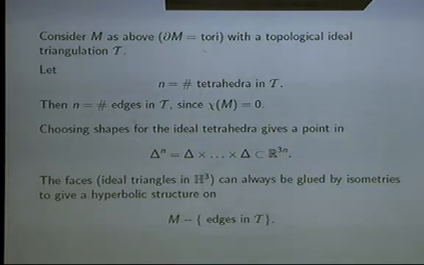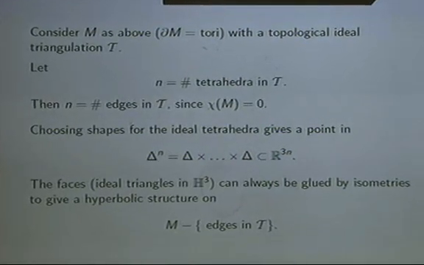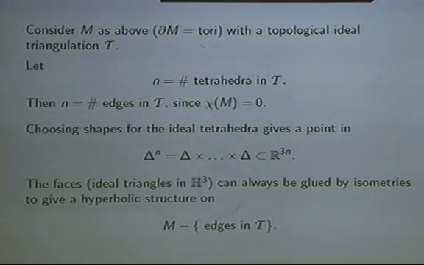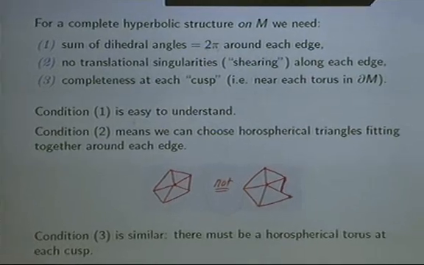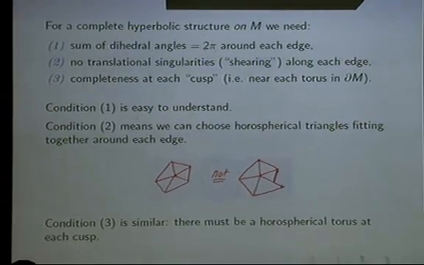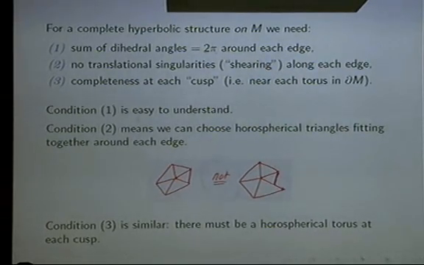Now if you take any choice of shapes for the ideal tetrahedra, you can glue the faces together, as we've seen, and you end up with a hyperbolic structure on M minus the complement of the edges. But there might be some singularities along the edges. And for a complete hyperbolic structure, we need some conditions. First of all, the sum of the dihedral angles is 2 pi around each edge.